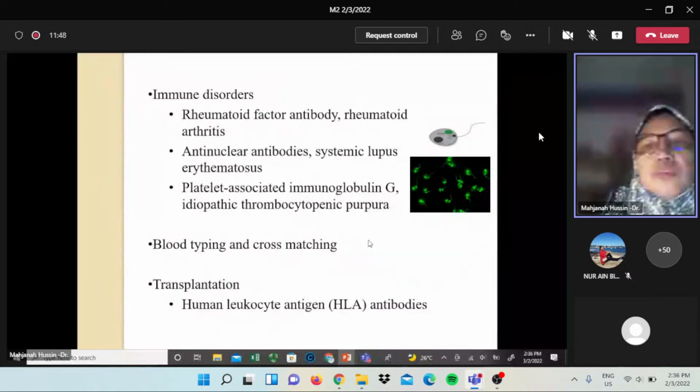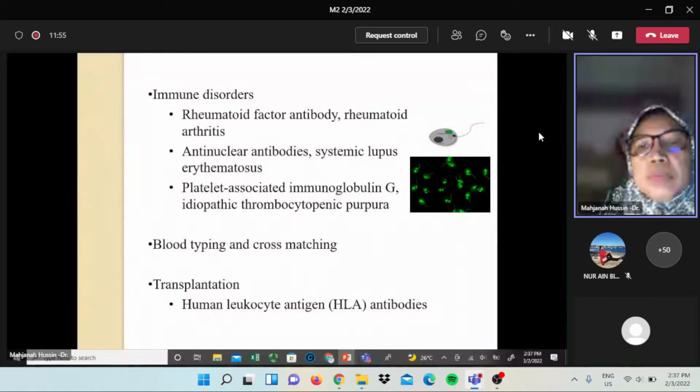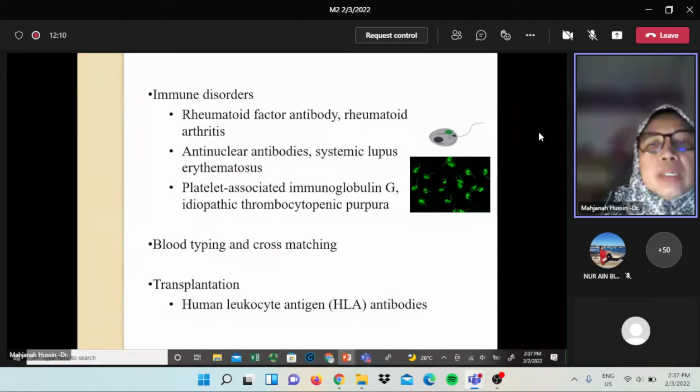Okay, so for immune disorder, remember that if you have your immune system working fine and there is an attack or exposure to bacteria or microorganisms, the B cell will produce antibody. Of course, there will be a lot of mechanisms before the B cell is able to produce antibody.